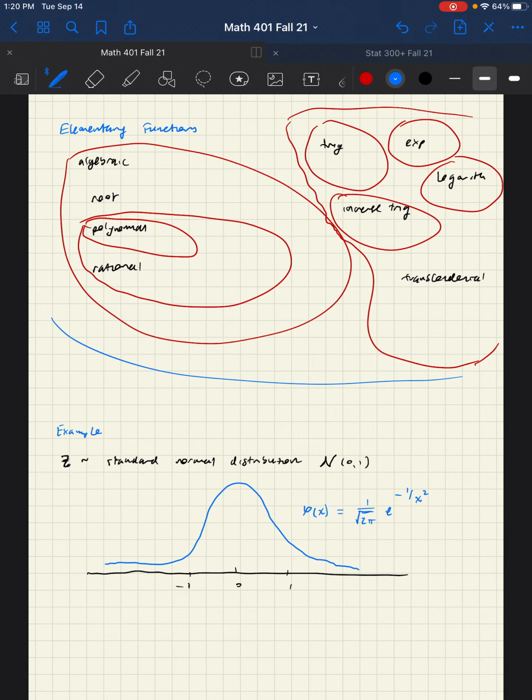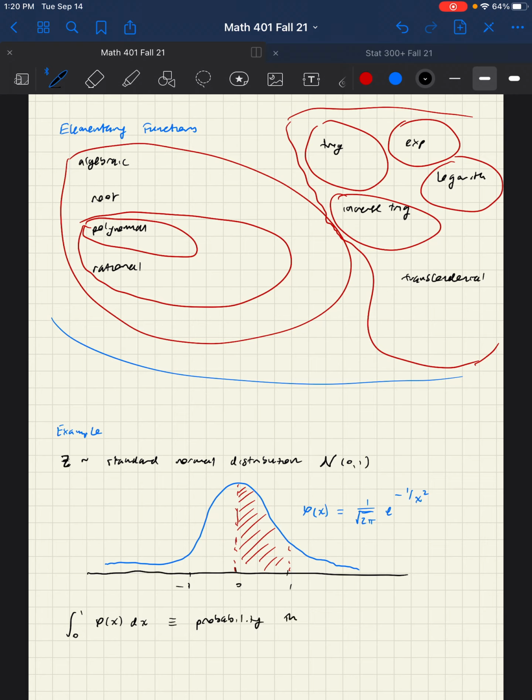And this function is elementary, but its integral from any piece, right? So if we want to find a probability associated with this random variable, say for instance from 0 to 1, we wanted to find the area under that curve, we would need to use the integral from 0 to 1 of phi of x dx.